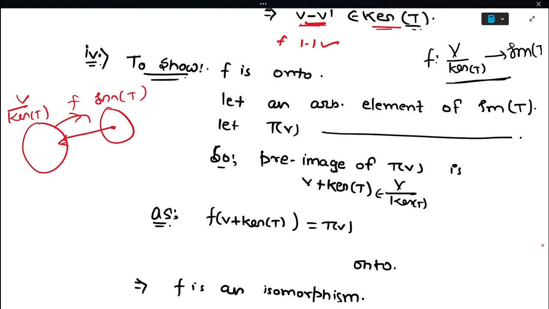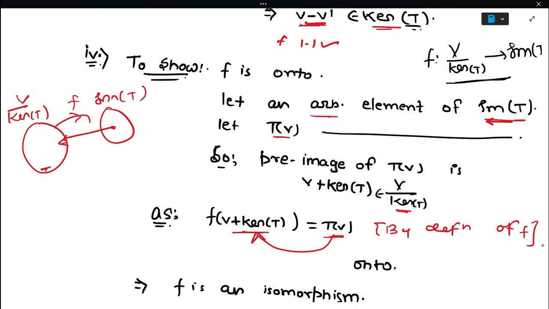So take an arbitrary element T of v from the image set of T. Take v plus kernel of T belonging to V by kernel of T, and check that this element has image T of v by definition of f. So for any element T of v, we have a pre-image v plus kernel of T, and this belongs to V by kernel of T.